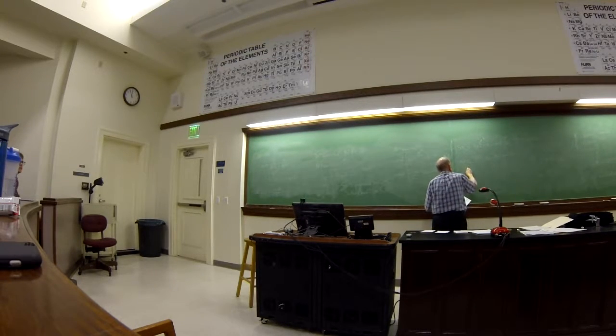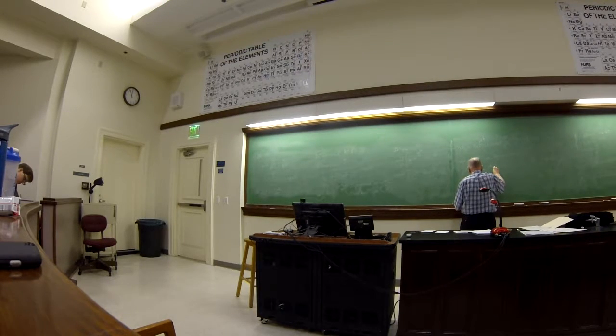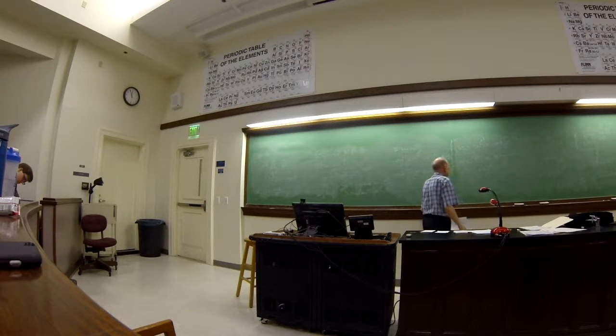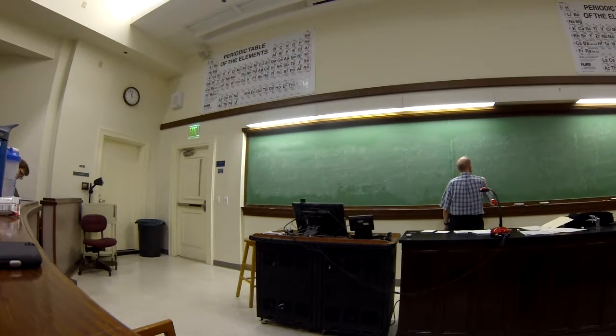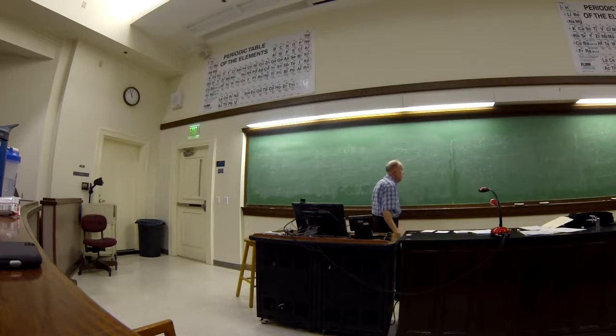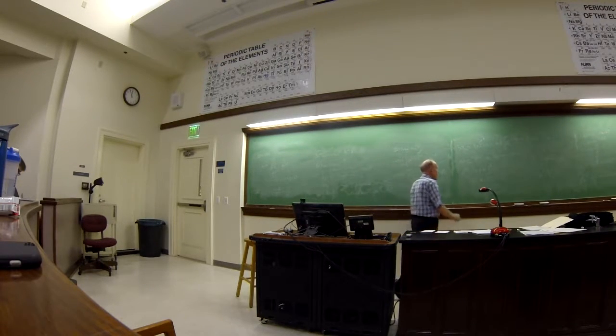For which e to the x is equal to 1 plus x plus x squared over 2 factorial, etc. Now if x is less than 1, and it is here, it's small, what happens?